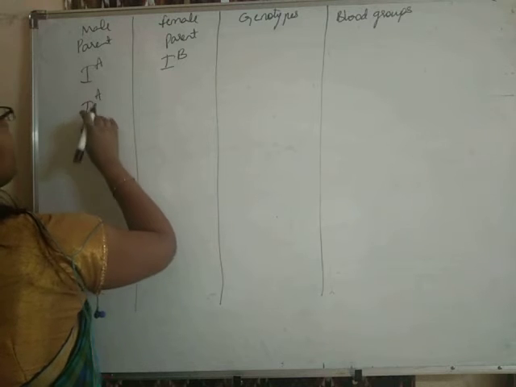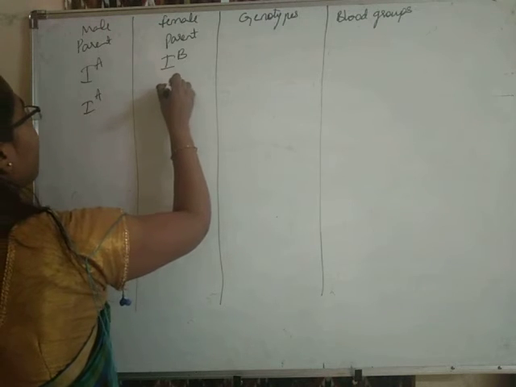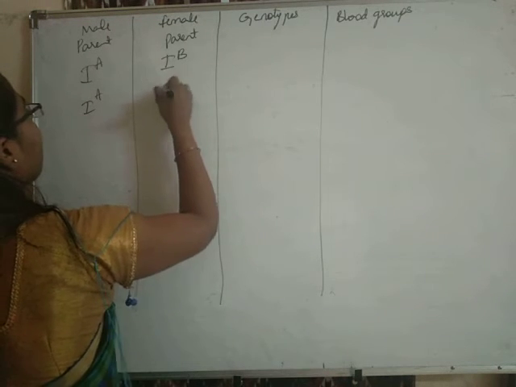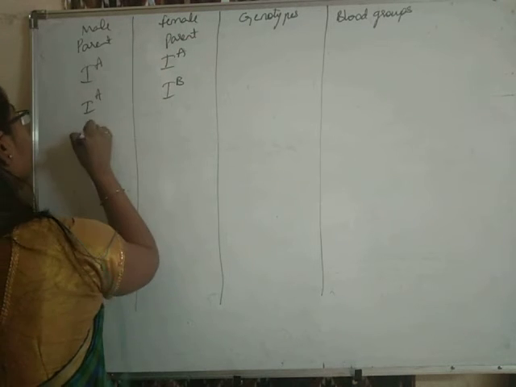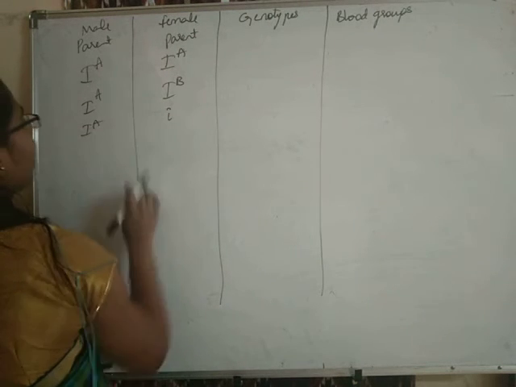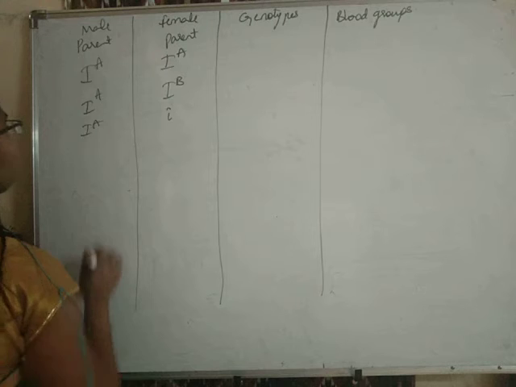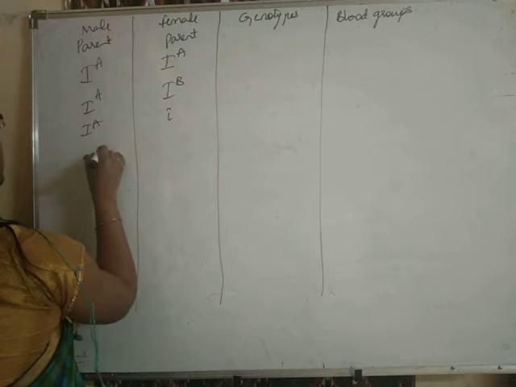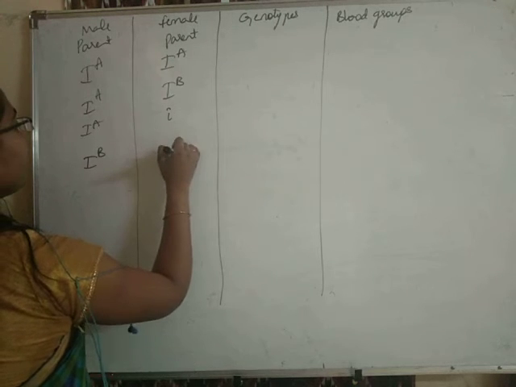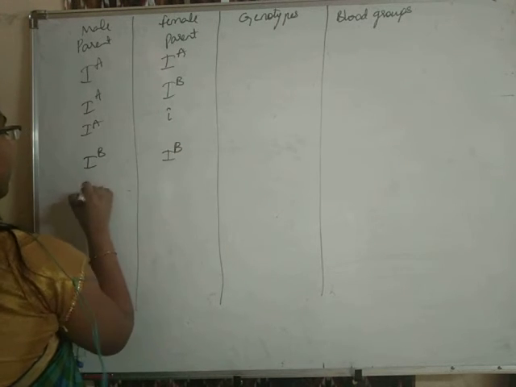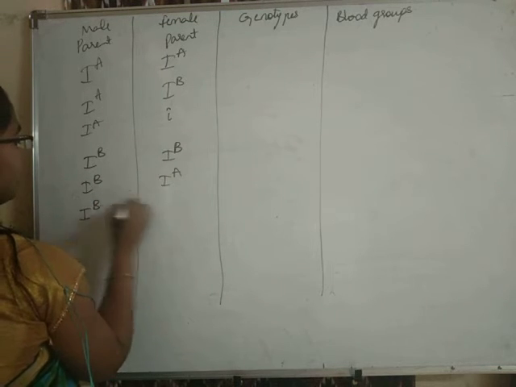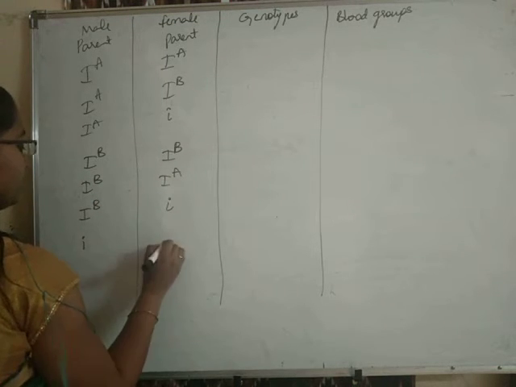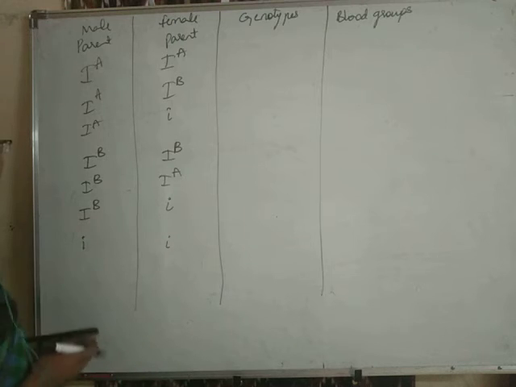IA, IB, IA, small i. Let us see. We will also see when it is IB, IA, IB, small i, and small i. These are the possible combinations.